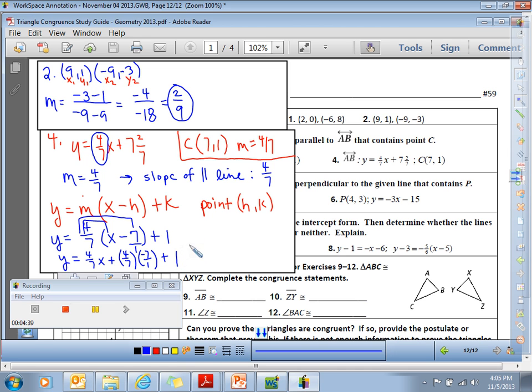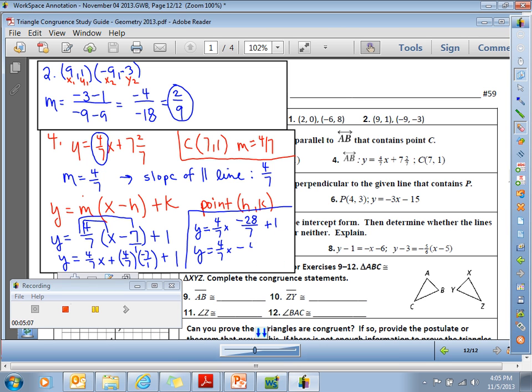That means y is equal to 4/7 x, and then 4 times -7 will be -28, and 7 times 1 would be 7, plus 1. I'm just showing you all the steps to see if you have any questions. Negative 28 over 7 would be negative 4, plus 1, and then negative 4 plus 1 would be negative 3.